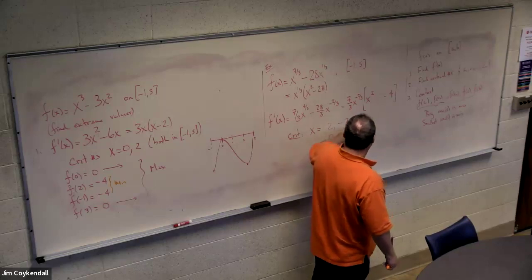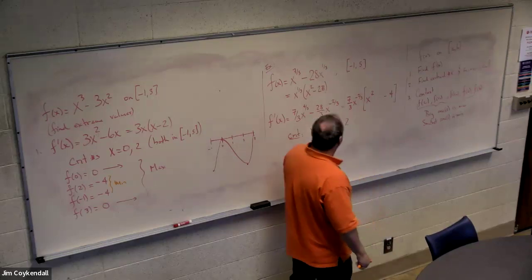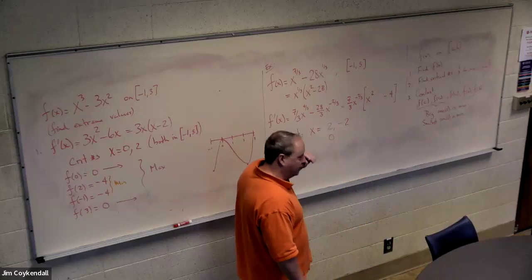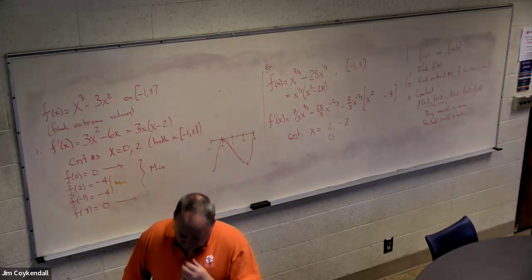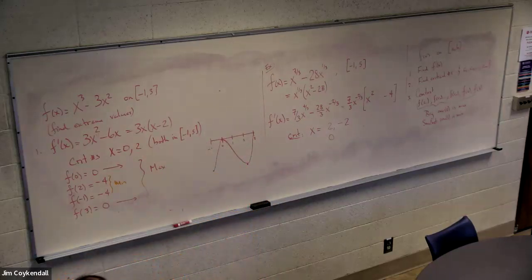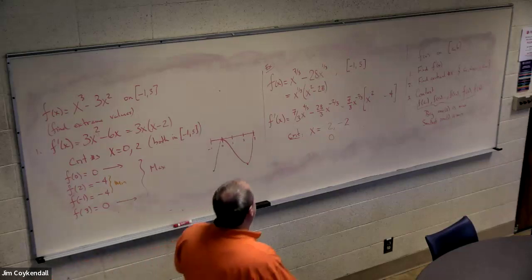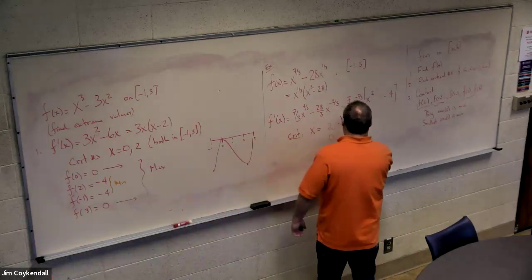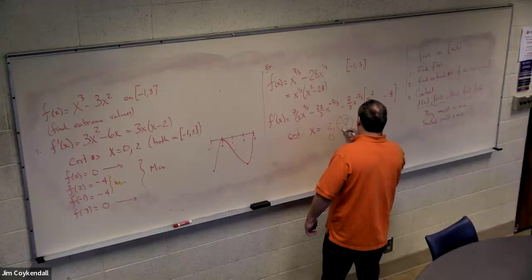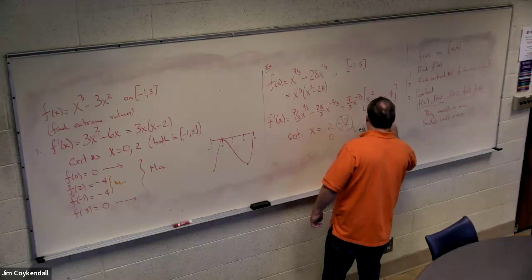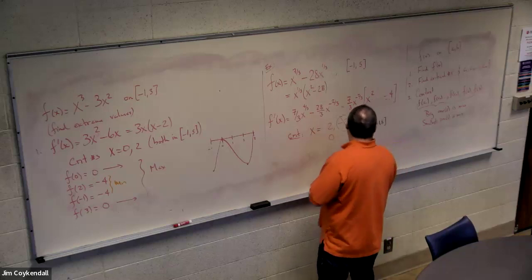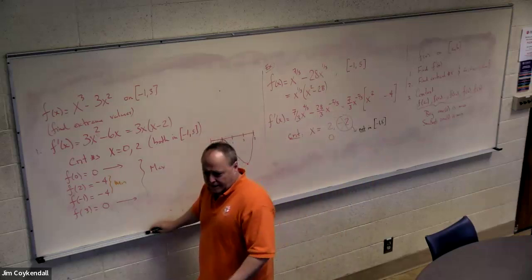So these two give you zero derivative. This gives you derivative not zero. Now I can toss one of those critical numbers. Which one? That is correct. Toss this. It's not in there, so I don't worry about that.